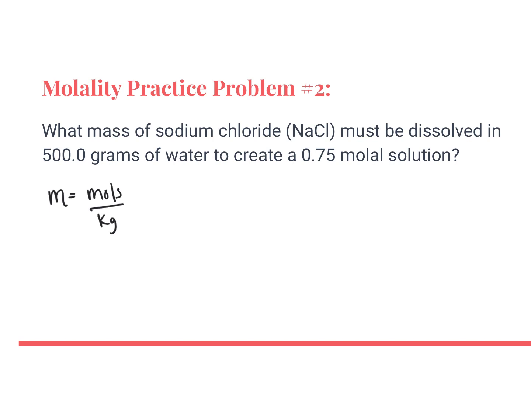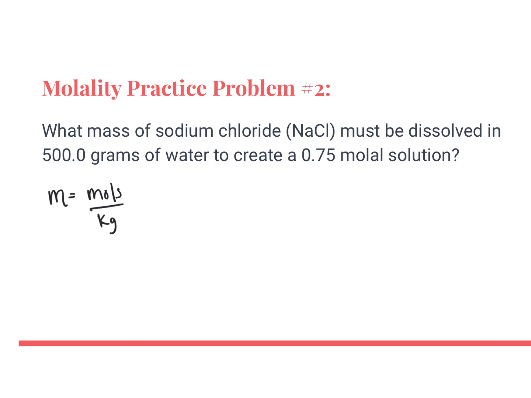Okay, this time what are we solving for? Okay, mass. Is mass part of that equation? Okay, but so what do you have to solve for first? Moles. Then can we get from moles to grams? Okay.